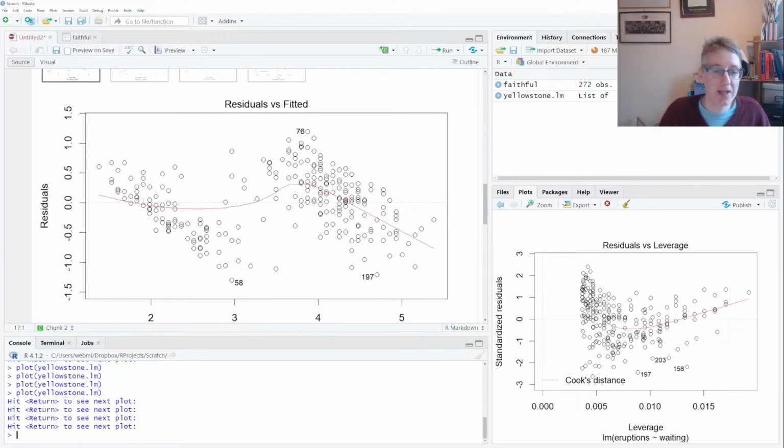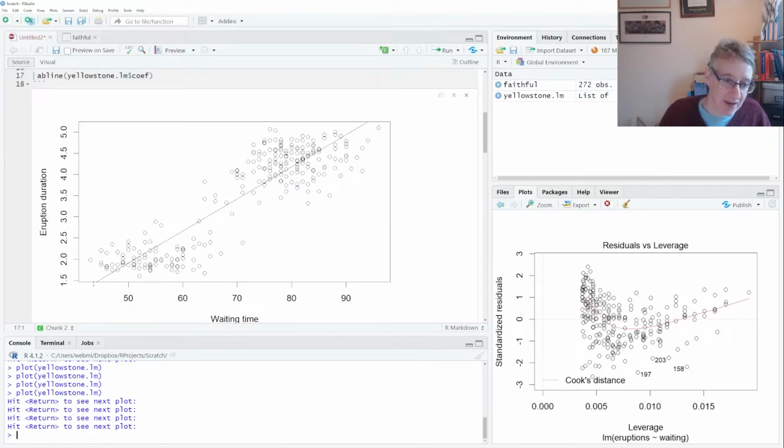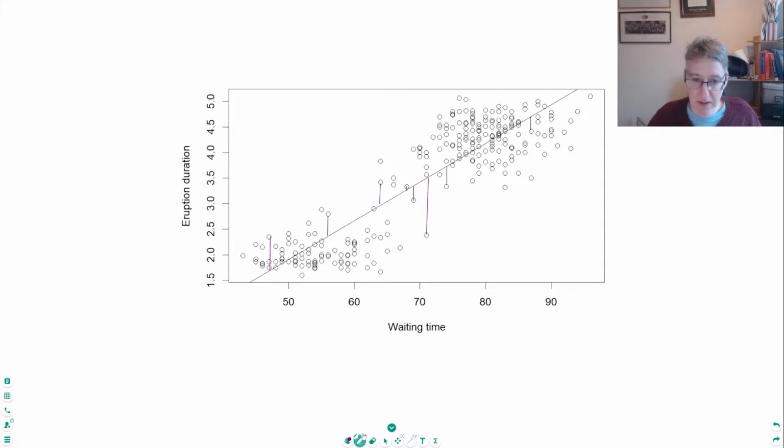What this does is it plots the residuals against the fitted values. And what does this mean? Well, the fitted values are the y values of the straight line. They're the values here. So if we look at this point here, the fitted value is maybe 3 and a bit, and the residual is slightly above the line, so the residual is slightly positive.